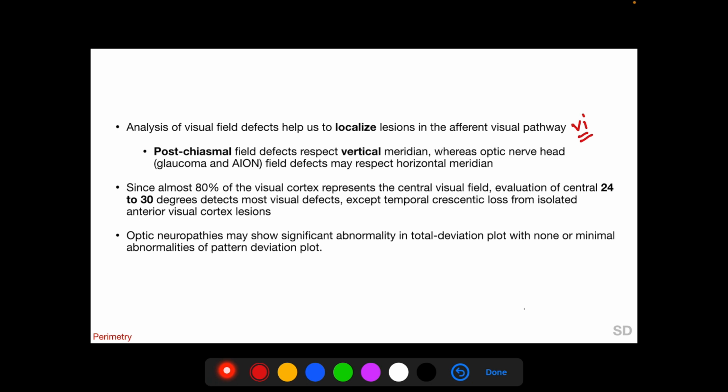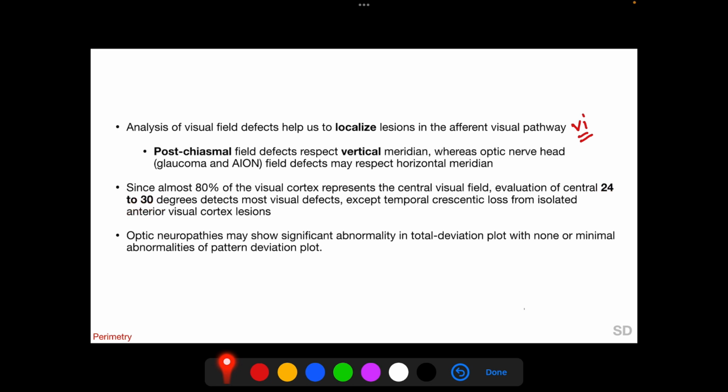Since almost 80% of the visual cortex represents the central visual field, we can only evaluate the central 24 to 30 degrees of the visual field to detect most of the neuro-ophthalmic visual field defects. The only thing we are going to miss is the temporal crescent, which is supplied by the contralateral anterior visual cortex. And if there is a temporal crescentic loss from lesions of that contralateral anterior visual cortex, we are going to miss that in a 24 to 30 degree visual field analysis.